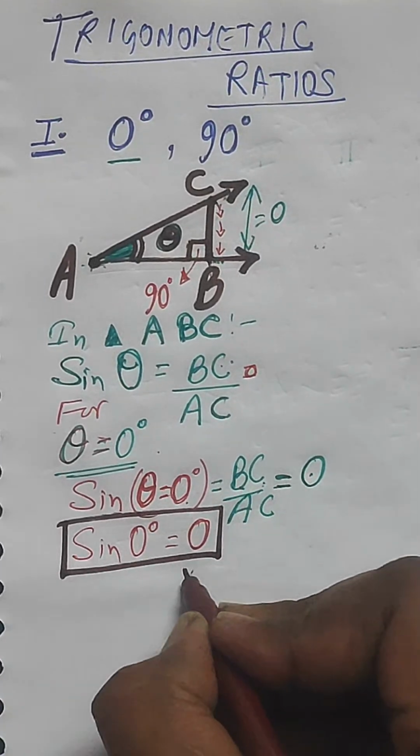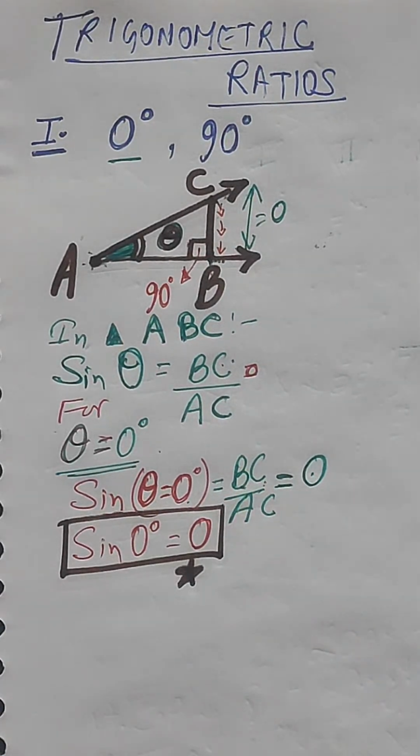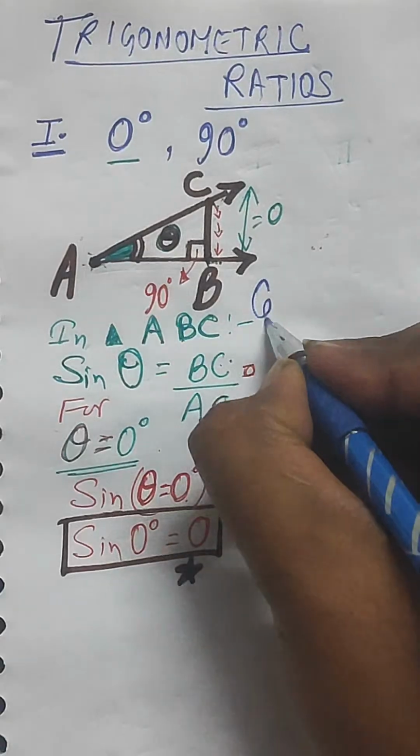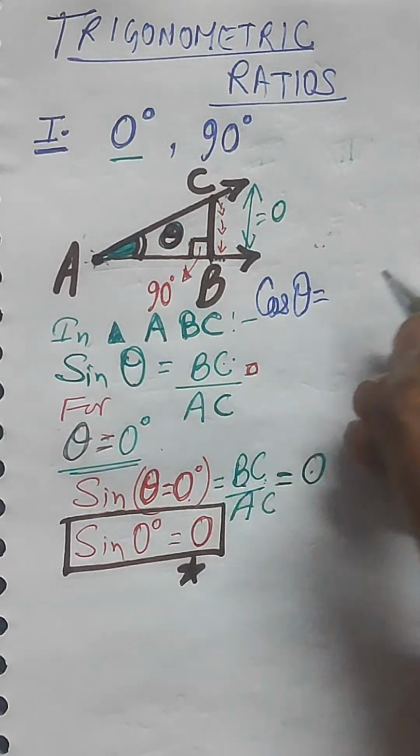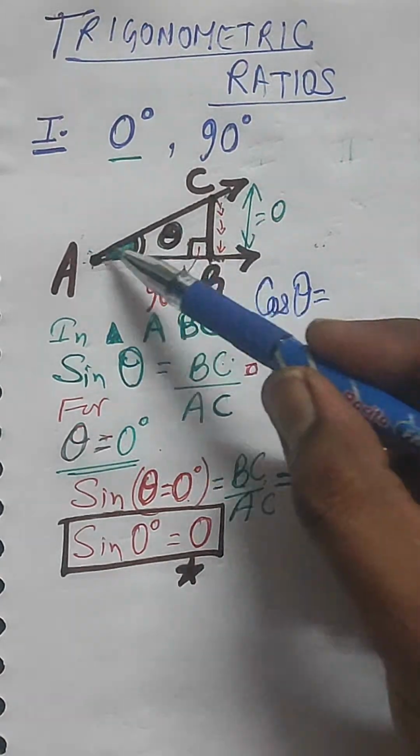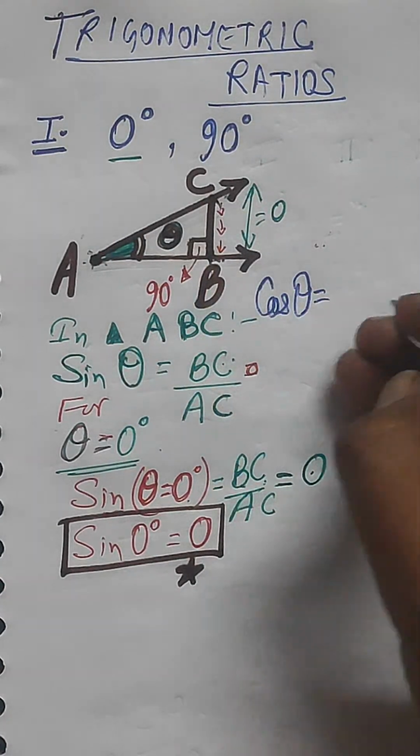This is derived, right? Now, coming to the second one, what is cos 0? To see the value of cos 0, cos of theta is how much? AB by AC, isn't it?